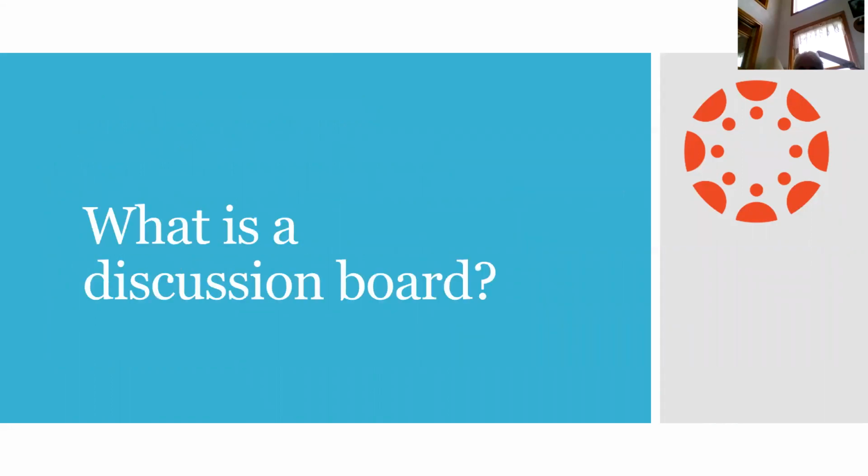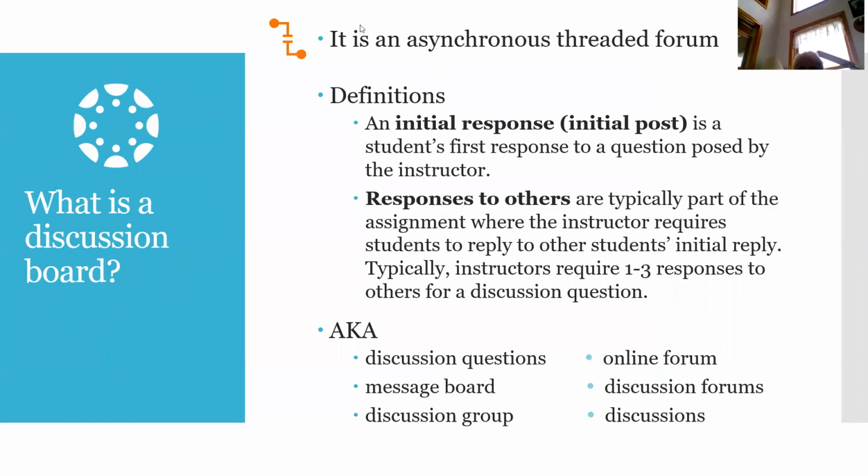So first off, what is a discussion board? A discussion board is an asynchronous thread, meaning that not everybody's on there at the same time. Definitions that you'll hear a lot are initial response or initial post.